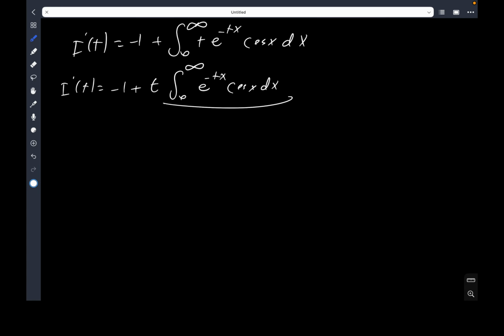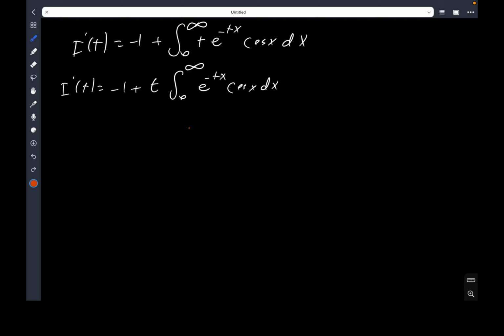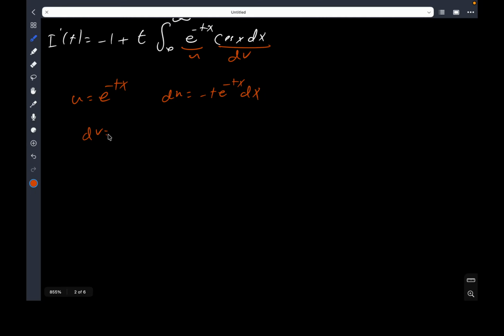Now for this one, I have to do the integration by parts again. So u is e to the negative tx, du therefore is negative t e to the negative tx dx, and dv is cosine x dx, and v is sine x.